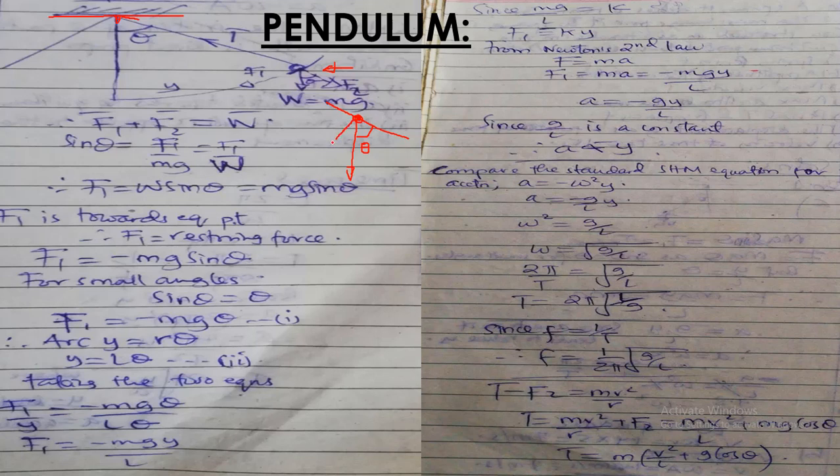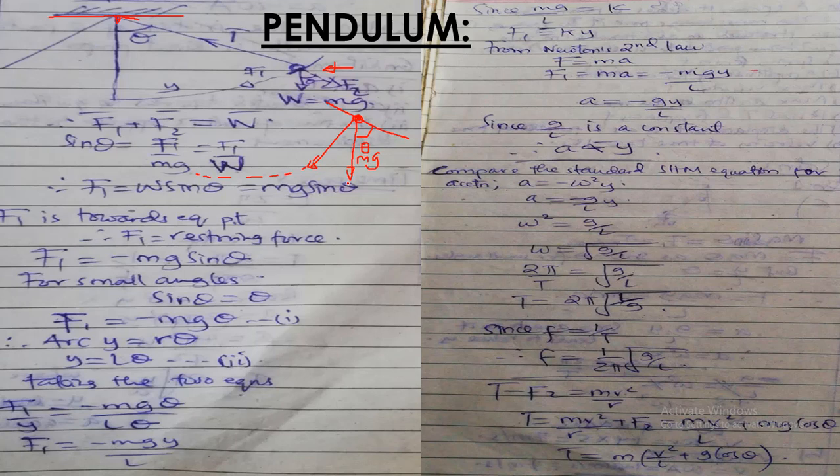And you have another component going there, along the curve where the body is oscillating. This is the tangential force that is oscillating the mass that way. This is the weight mg, because the weight is acting downwards.